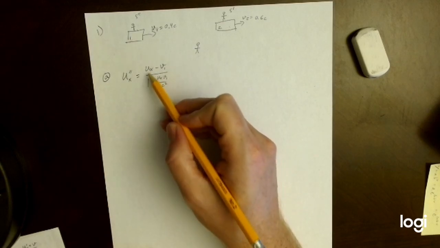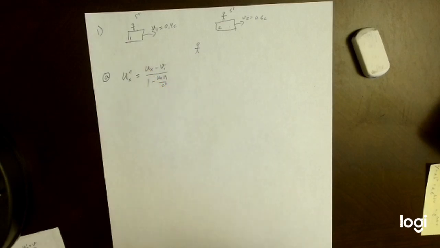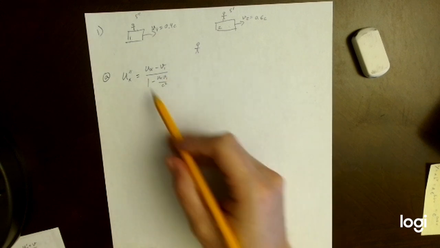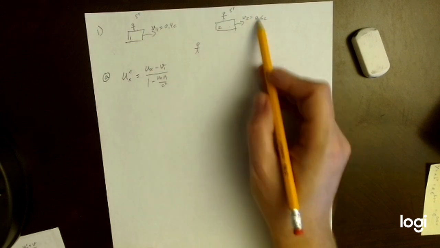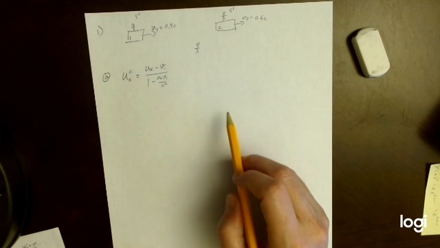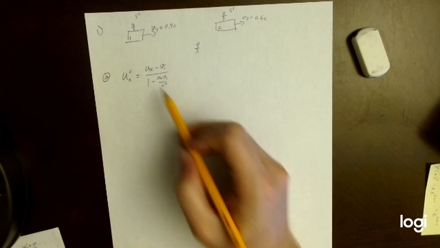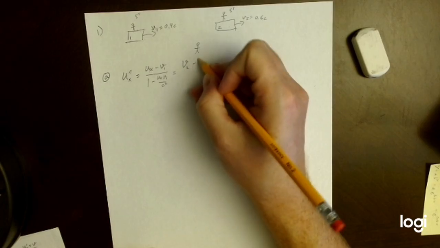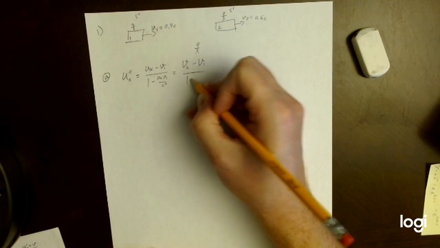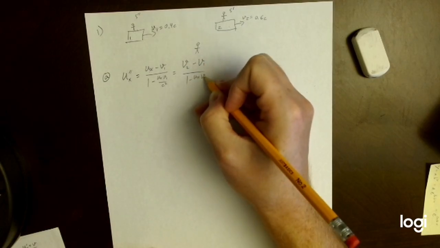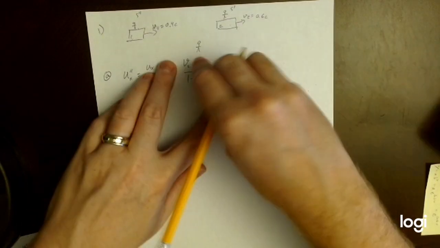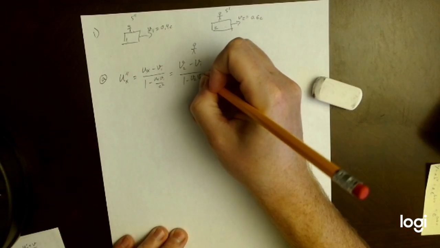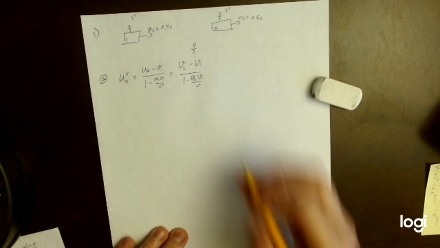And this u x is the velocity of the thing I'm interested in as measured by the unprimed observer, and that is car number 2's velocity. So u x here is actually v2. So I'll rewrite this as v2 minus v1 over 1 minus v2 v1 over c squared.